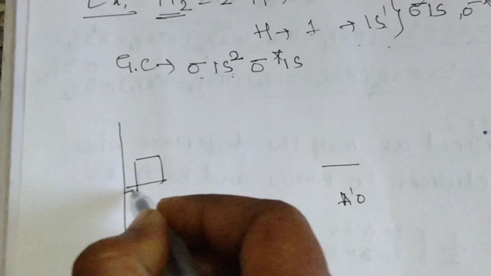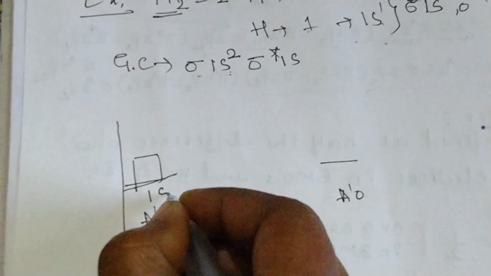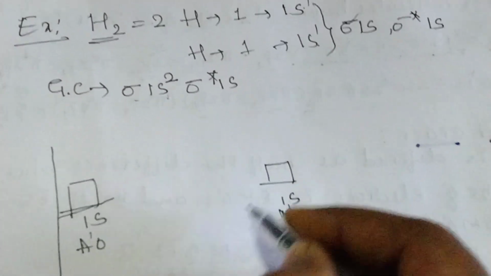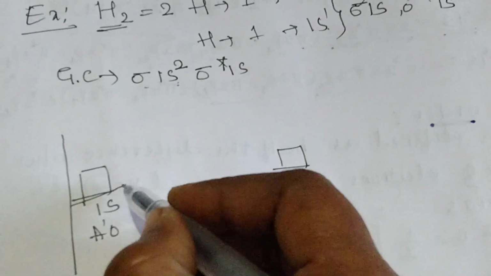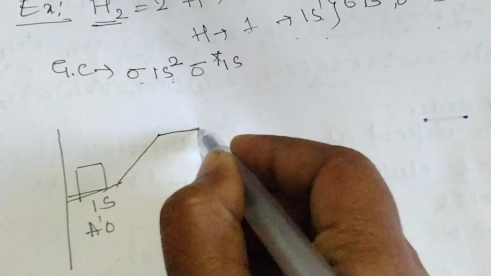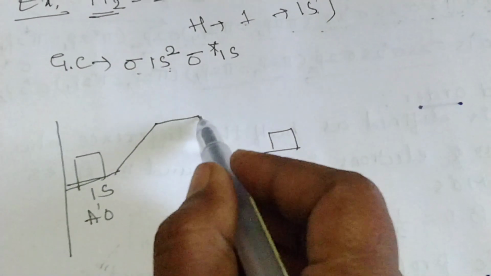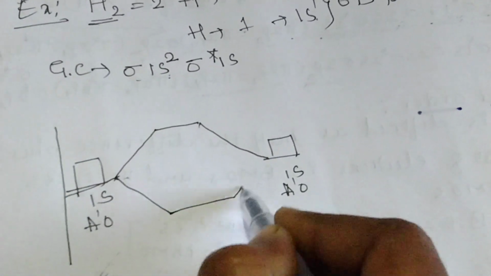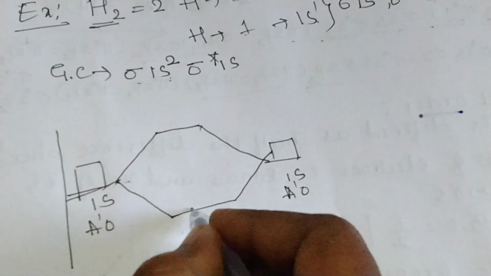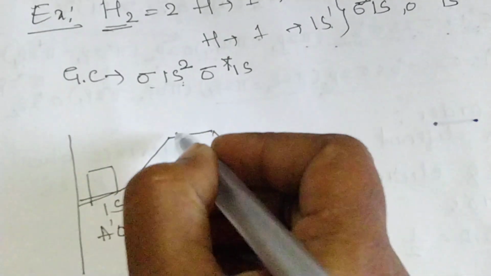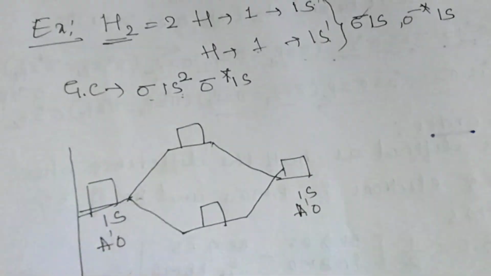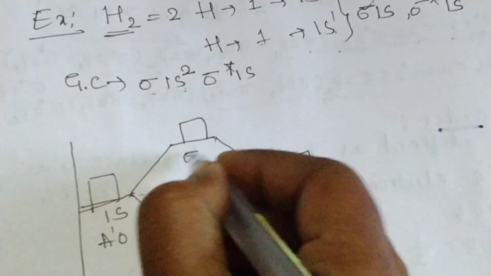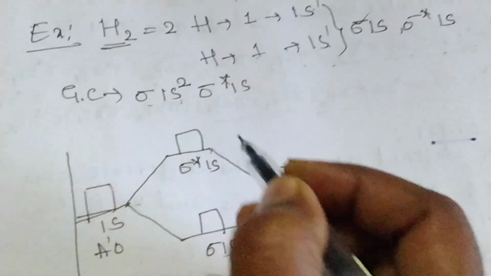We know the 1s atomic orbital, and here it is the 1s atomic orbital, which forms the 2 molecular orbitals, sigma 1s and sigma star 1s.